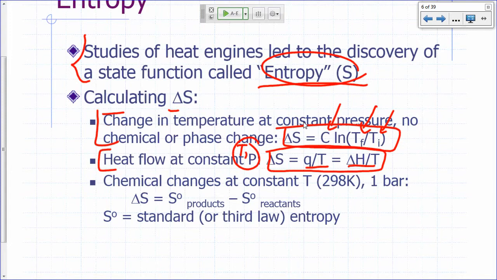Like when you're vaporizing water at 100 degrees, constant pressure of 1 atmosphere, constant temperature of 373 Kelvin, your delta S will just be delta H over T.